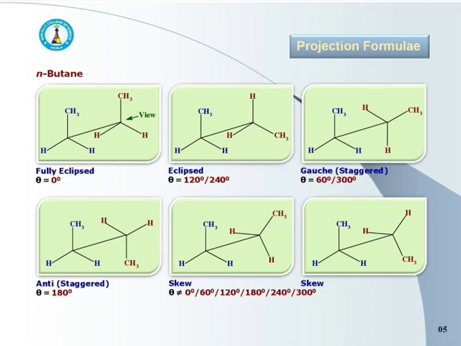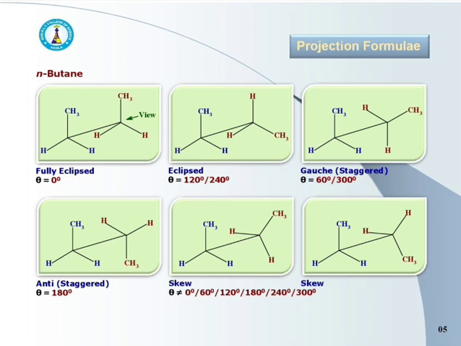Second, eclipse conformation, dihedral angle is 120 degree or 240 degree. Next is for Gauche conformation, theta is having the value 60 degree or 300 degree. Fourth one is anti-conformation. Here for anti-conformation, dihedral angle theta is 180 degree, and last two are for skew conformations.